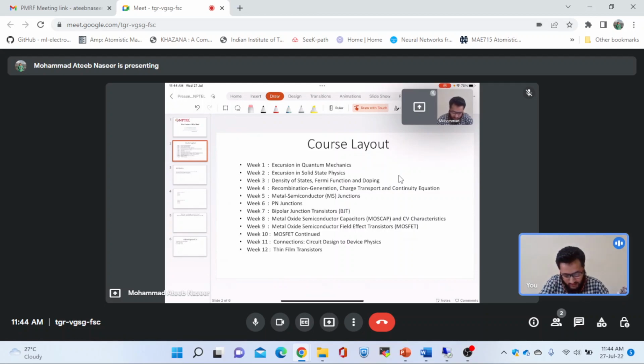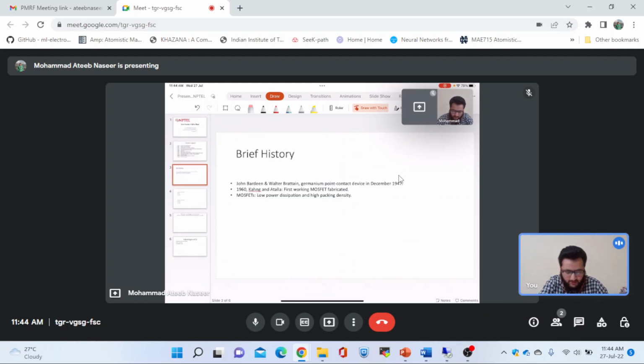Let me start with some brief history about the transistors. It was in 1947 that the first point contact transistor was shown, and it was not a silicon device; the material for this point contact transistor was germanium.